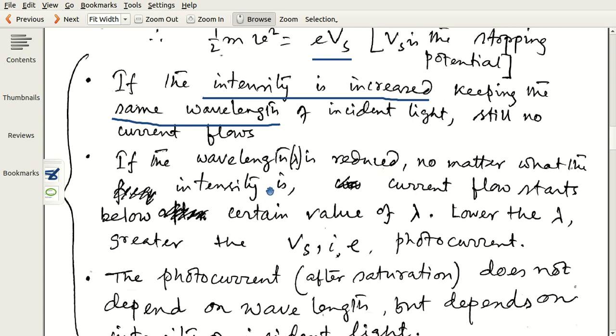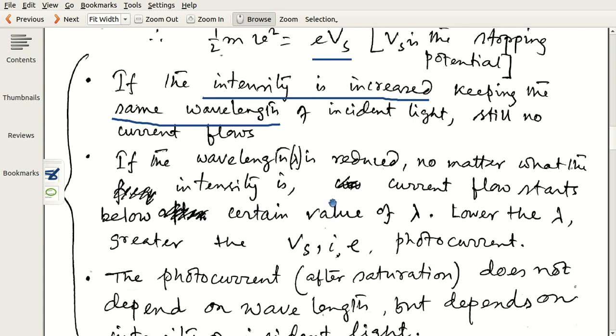Initially say you are using red light, now you are using say green light or blue light, where the wavelength is reduced, then the current flow starts below a certain value of lambda. Ignore the stopping potential part here. Say it is in regular bias, that means when C is connected to the negative terminal.